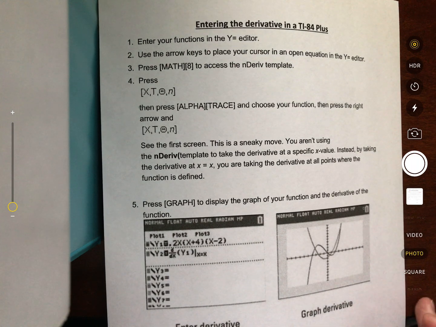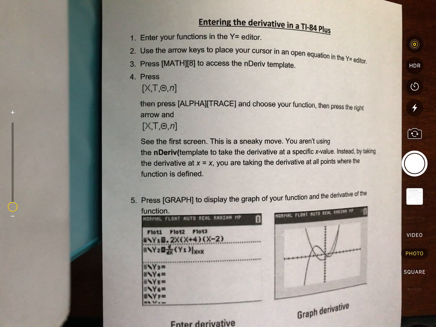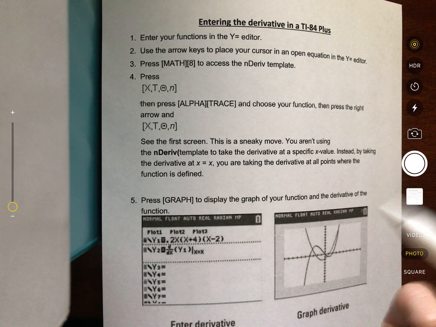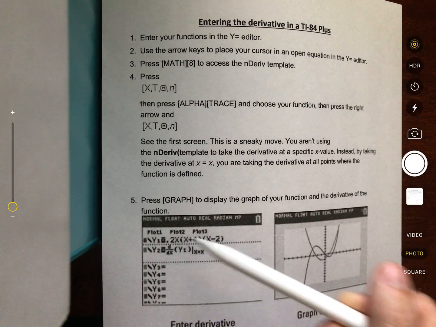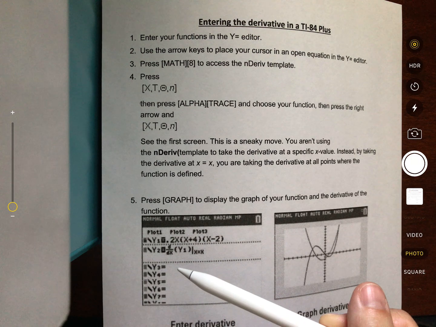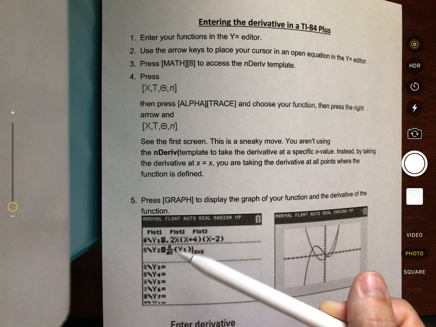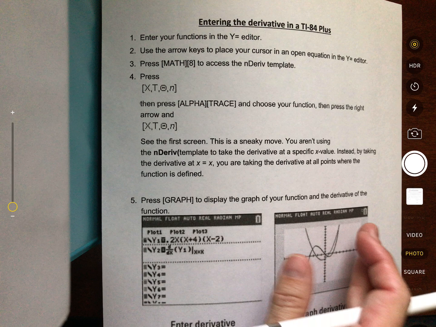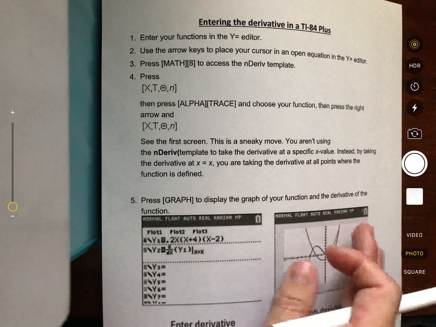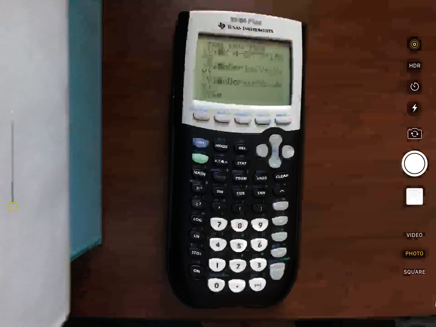I actually have steps right here, so you can pause the video and look at those. Or I've uploaded this worksheet into Canvas, so you should be able to follow along with the directions so that your derivative looks just like this. Then for your second derivative, the only difference is you'll have y2 in there, by clicking the vars and the y vars and the y2, just like I did. Okay? So whatever calculator you have, hopefully you have both of your derivatives in there now.